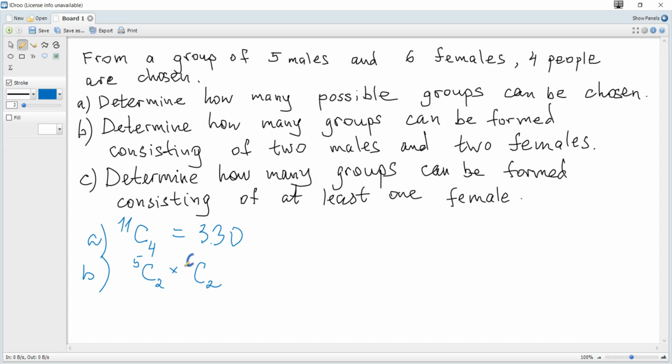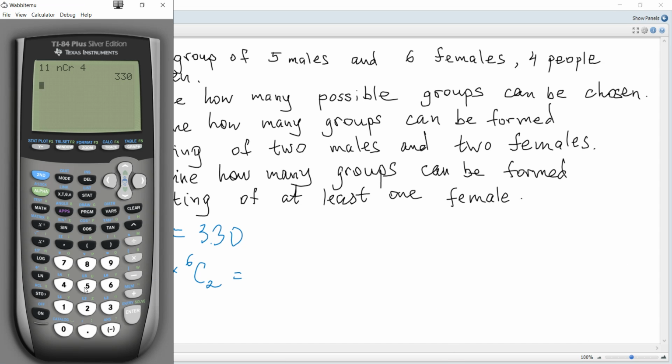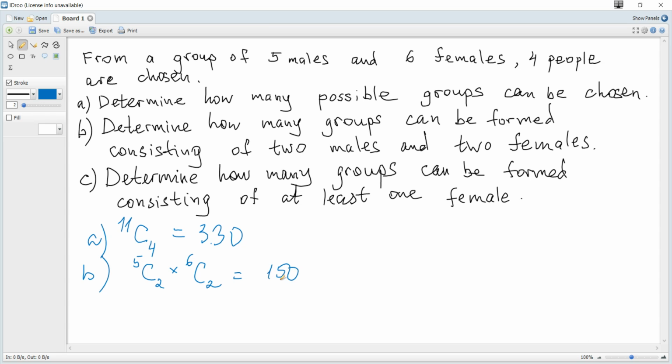It's a multiplication because it's "and", like one event, and we need to just calculate it. 5 combinations 2 multiplied by 6 combinations 2, and we get 150 possible groups.